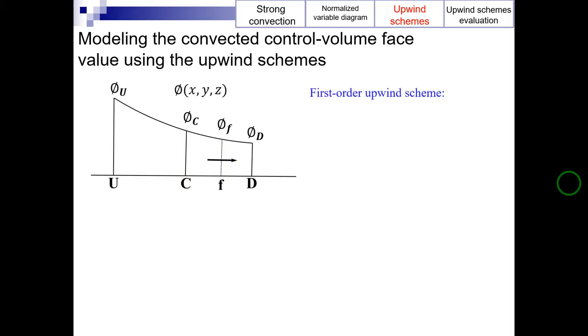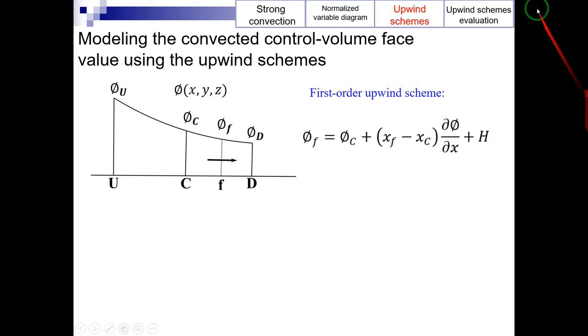The first order upwind scheme approximates the phase value of phi by its value at the node upstream, as shown here in this equation, where H in fact denotes higher order terms. The first order upwind only uses the first term, which is here.